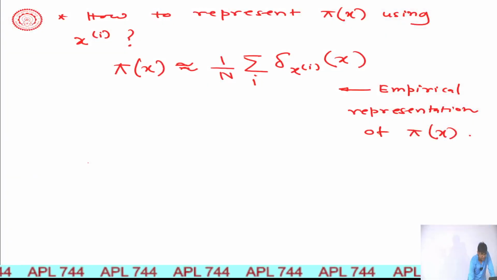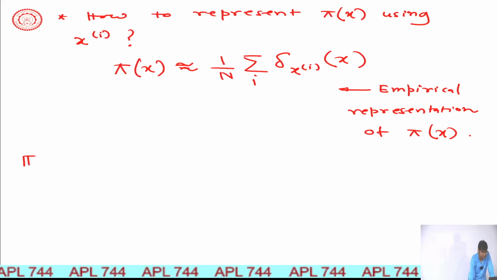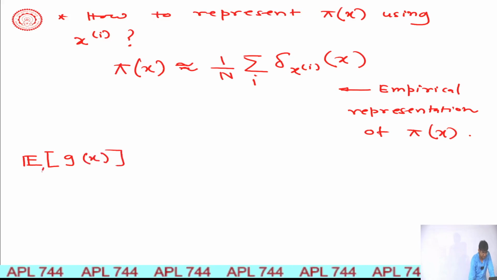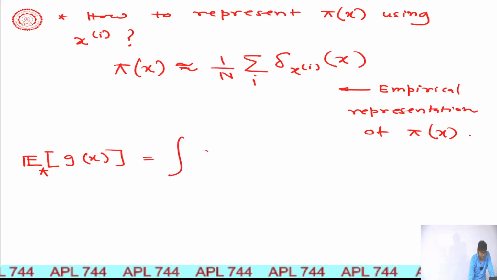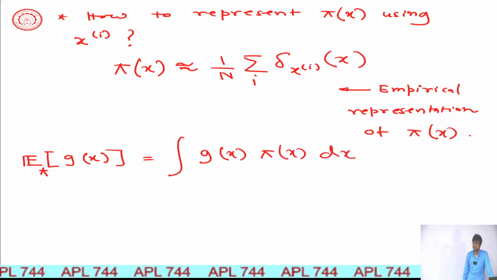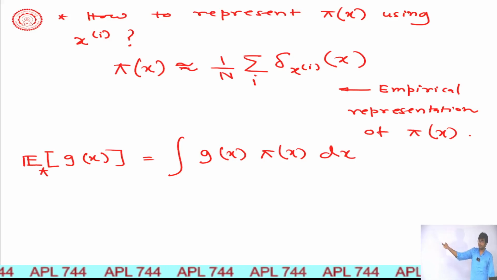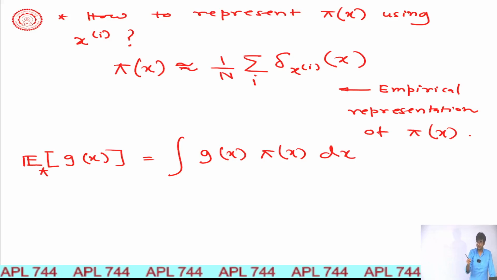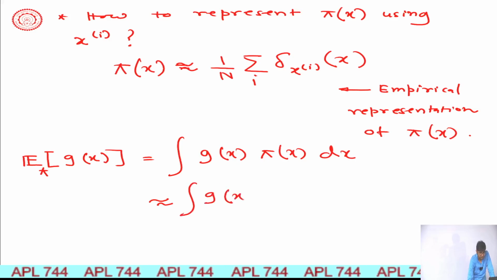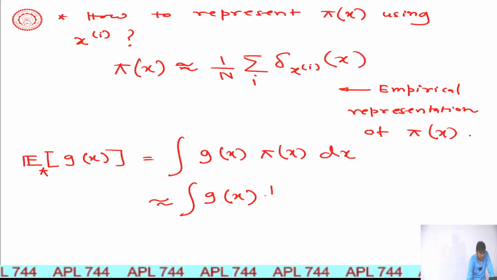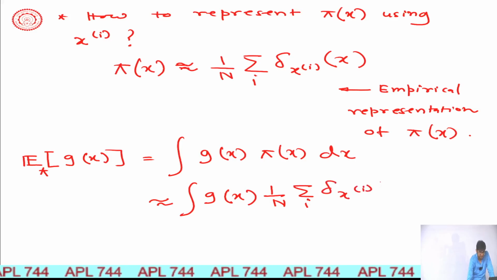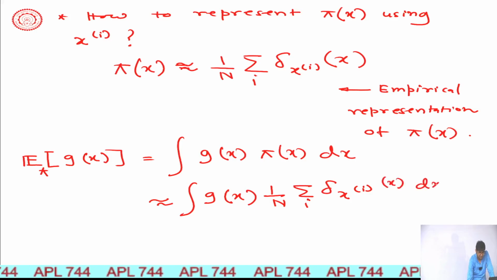So let us show you. Suppose I want to calculate the expectation of g of x with respect to pi, okay? You know that this is equal to the integral of g of x pi x dx, right? Now pi x, how are we approximating? Using the empirical distribution, let us put it there. So this is approximately equal to the integration of g of x times 1 by n summation over i delta xi of x dx.